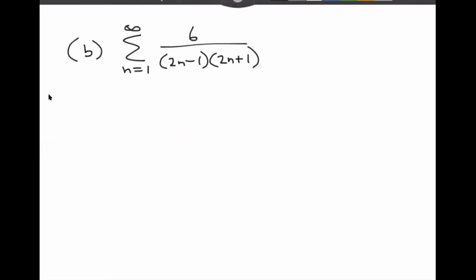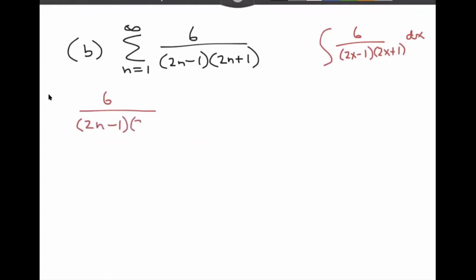So if I gave you the integral of 6 over (2x minus 1)(2x plus 1), hopefully you would recognize that that is a partial fraction problem. So what we're going to do is take 6 over (2n minus 1)(2n plus 1), and we're going to break it into partial fractions.